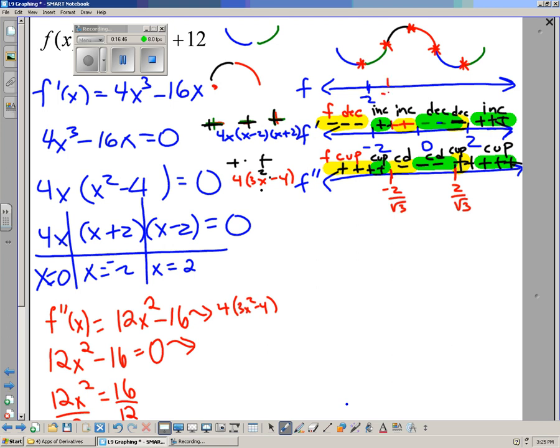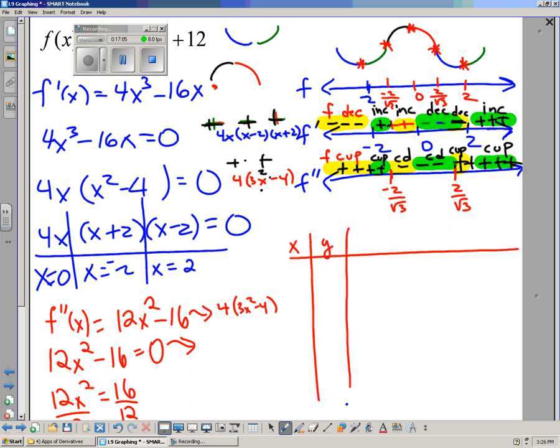And I'm just going to write the x values. And I'm going to write a little table: X and Y. At x equals -2, we'll leave the y value blank for a moment.